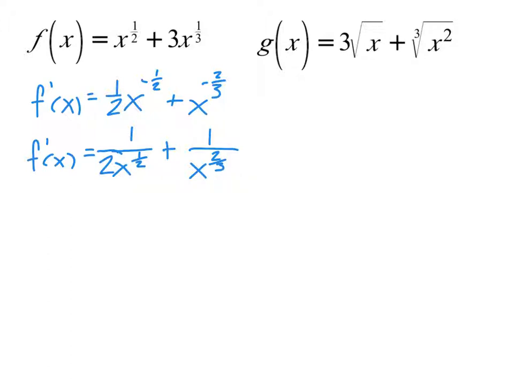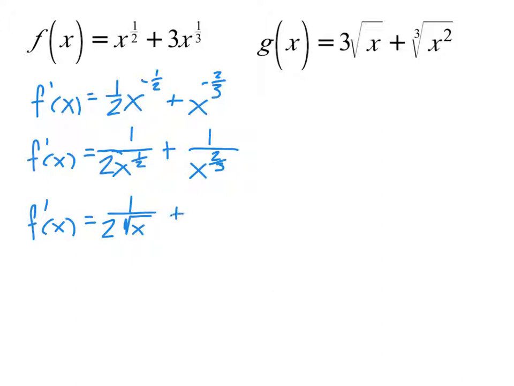Now again, continuing to show how we would deal with this. Now I take each of those fractional exponents, and I'm going to turn those into radicals, because remember, a fractional exponent is just the same as a root of some sort. So this first one becomes 1 over 2 times the square root of x. Notice the 2 does not have the power of 1/2 on it, so the 2 is not under the radical, only the x's.